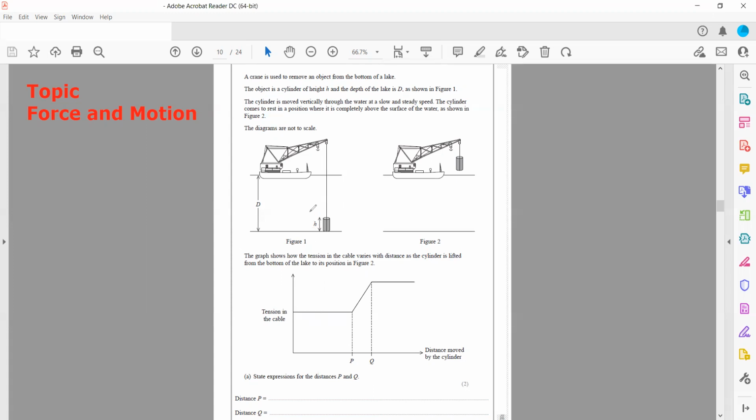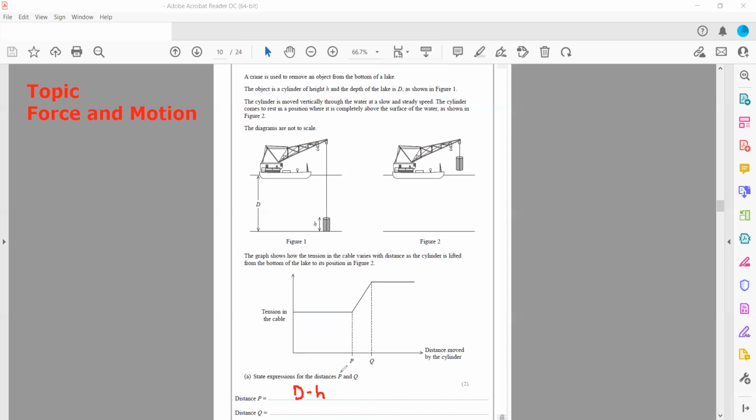So this distance is given by, if this total distance is the first figure, and this is once it is removed out from it, P is given by a formula that is D minus H. D is the total depth minus the H, and we get P.